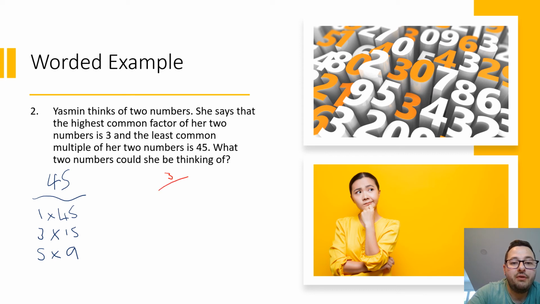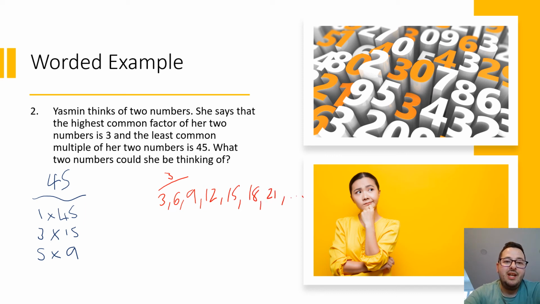So the multiples of 3 are 3, 6, 9, 12, 15, 18, 21, and so on. So now we want 2 numbers in this list that are going to have a highest common factor of 3 and a least common multiple of 45.